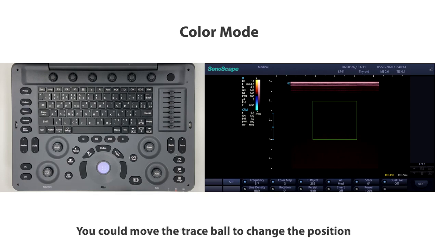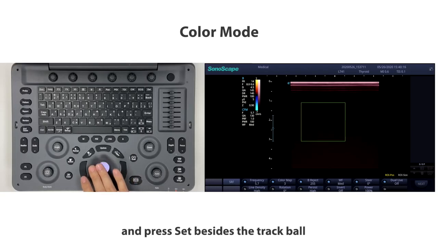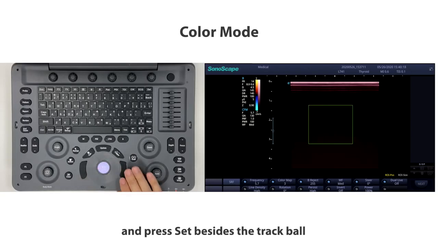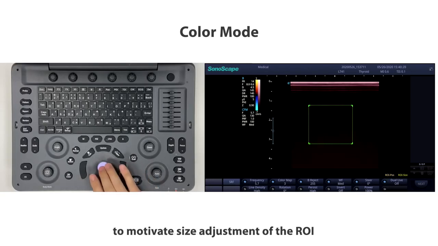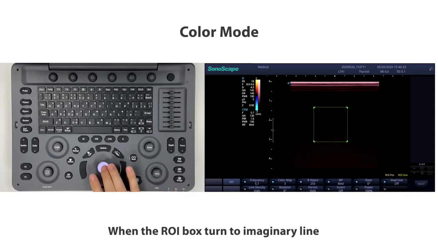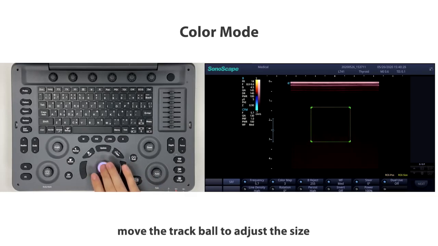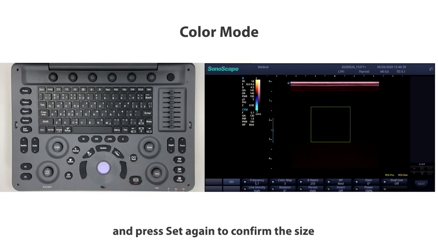You could move the trackball to change the position and press Set beside the trackball to activate size adjustment of the ROI. When the ROI box turns to a dashed line, move the trackball to adjust the size and press Set again to confirm the size.